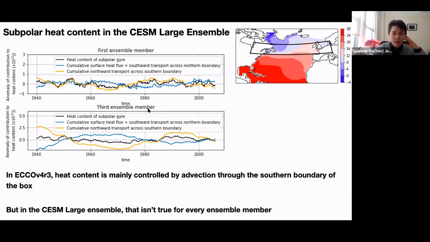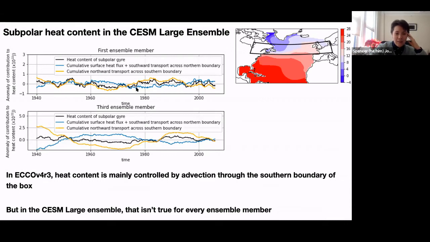So although the total variability is driven by the heat transport through the southern edge of the box, there's actually quite a lot of compensation with the heat transport through the northern edge of the box and with the heat transport through the surface. This really shows that there are two different regimes. I think perhaps you could argue that there's a range of regimes.